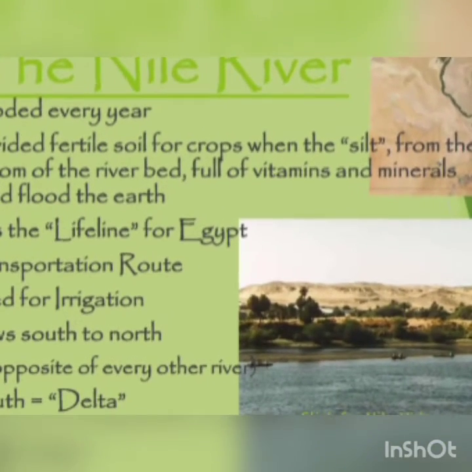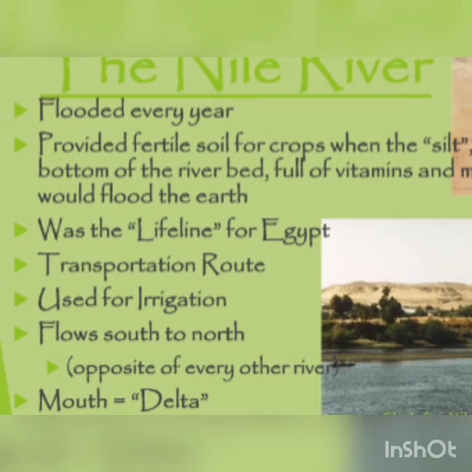When we see about the river Nile, it is flooded every year. So it provides fertile soil for crops. What do you mean by silt? Silt is nothing but, have you gone to the seashore?